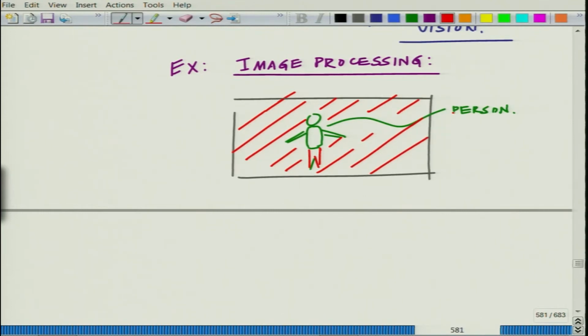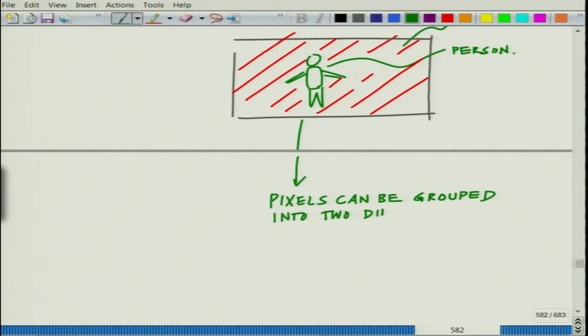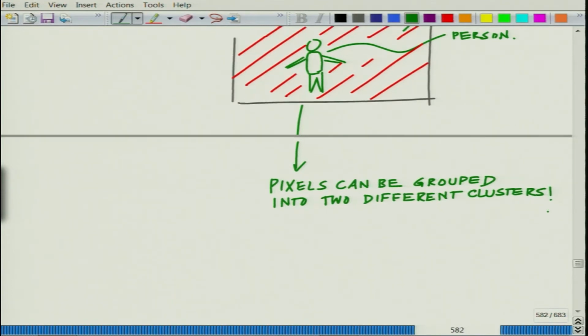So, you have the background and therefore, the pixels can be grouped into two different clusters.